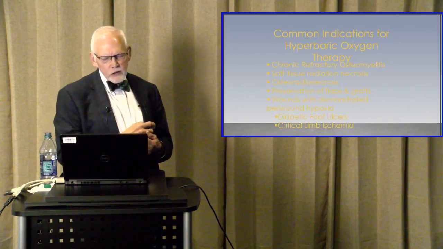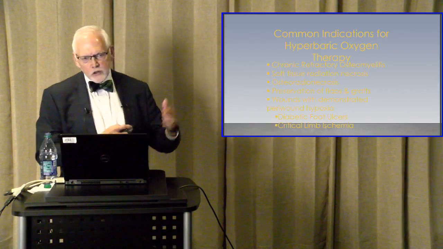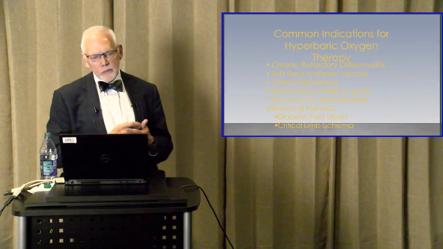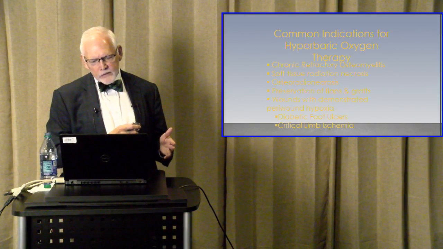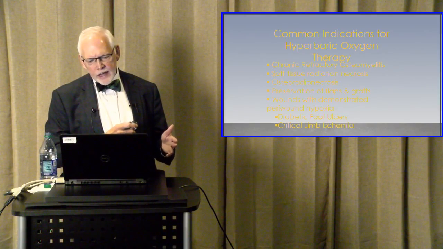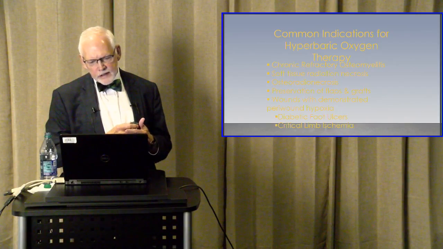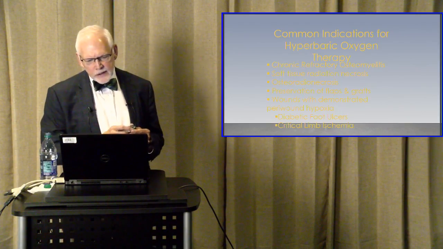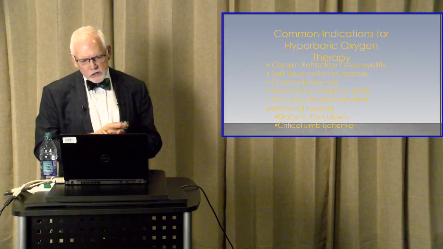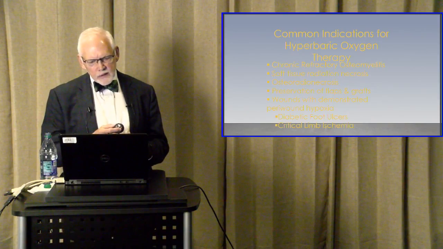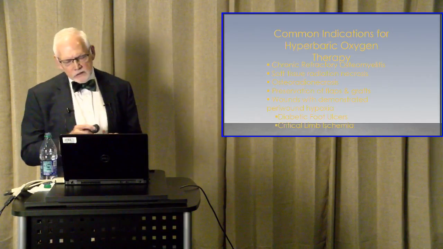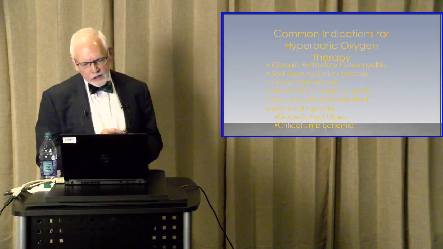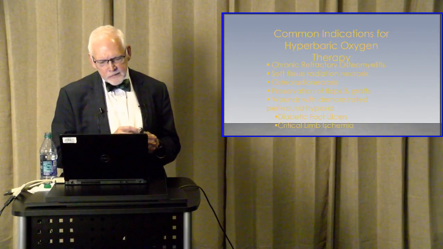Chronic refractory osteomyelitis, meaning that you've treated it with usual therapy for at least a month and you're not making ground, so you can add this on as an adjunctive treatment. Soft tissue radiation necrosis, osteoradionecrosis, preservation of flaps and grafts, depends. Now, it has to be really acutely failing.